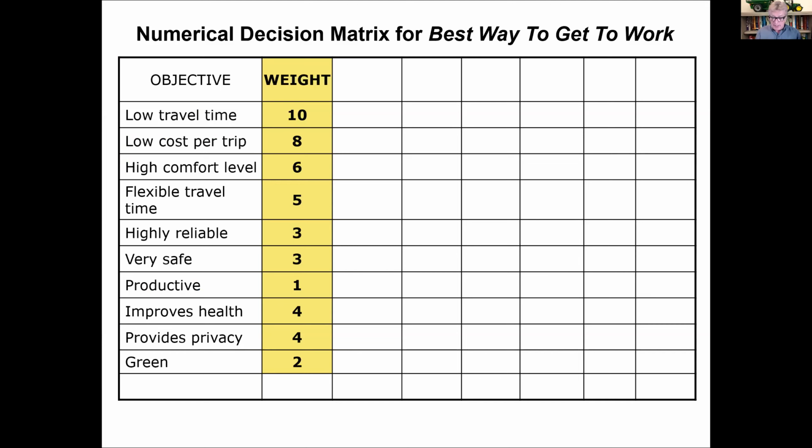We have 10 criteria. So you're going to want to spread those criteria out and make sure that you have a distribution in your weighting system. Or it could be you're going to have a sum of 30 and they're all equally weighted. And so you're going to give them all a weighting level of 3. But in most cases, you have some factors that are more important than the others.